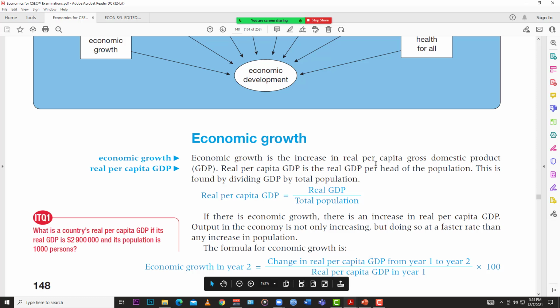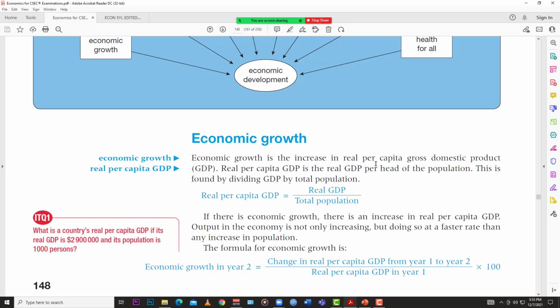So economic growth is simply an increase in real per capita GDP. So it's an increase in GDP in a sense. That's positive economic growth. So an increase in real GDP, that's economic growth. It could be positive, it could be negative, but it's growth nonetheless.